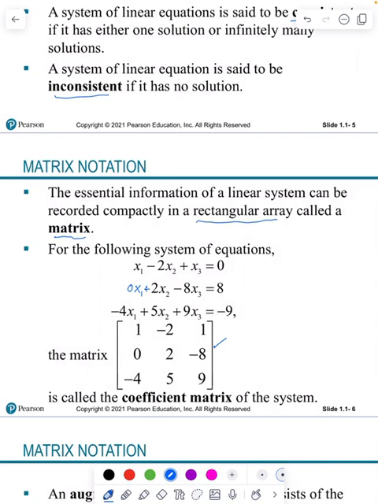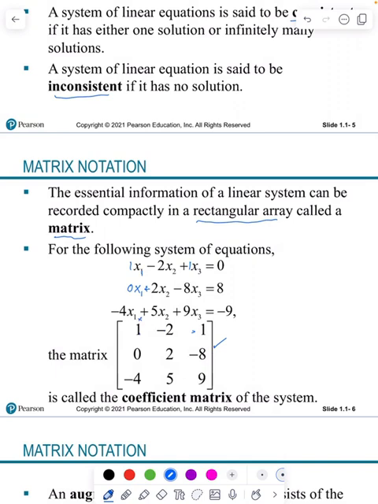So now if I pick up the coefficients of all these variables: x1 has coefficient 1, the second has coefficient -2, and the third variable in the first equation has coefficient 1 again. So I put 1, -2, 1 in order like that, and then I write the coefficients of the variables from the other two equations under each.